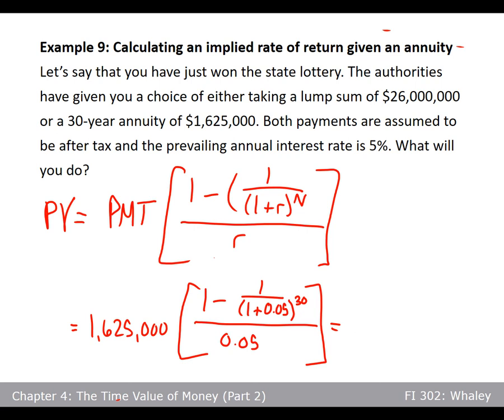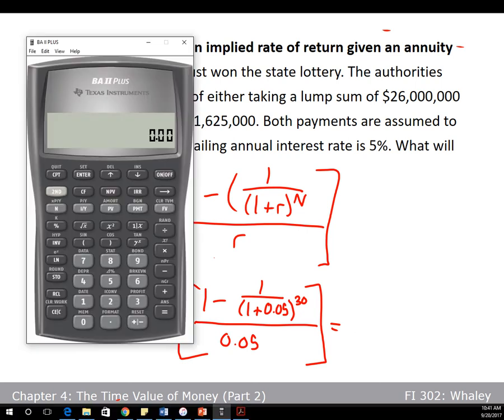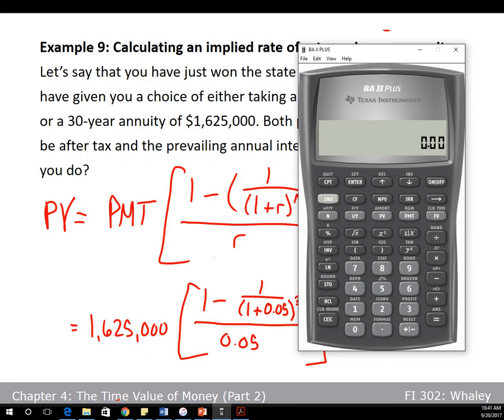Simplify the algebra there and find the present value of this annuity. Or we can use our financial calculator and plug in the relevant information here. I know that the number of periods that this annuity lasts for is 30, so I hit 30 in. The I/Y, the interest rate, we know that's 5%.